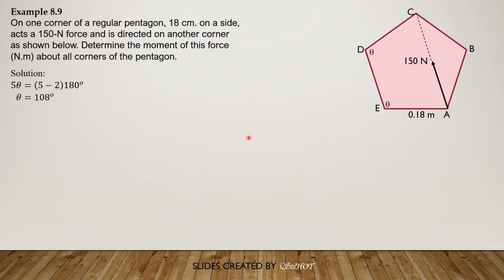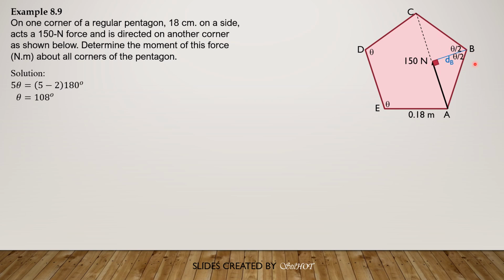So theta is 108 degrees. So knowing that this is 108 degrees and knowing also that this is an isosceles triangle, we draw a line perpendicular to the force, and that line is the line that bisects the angle 108. Half of 108 is 54 degrees. So that's 54 degrees. This is also 54 degrees.